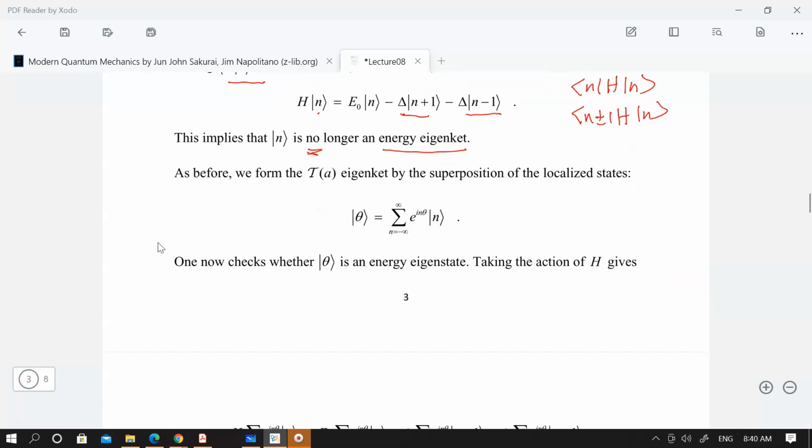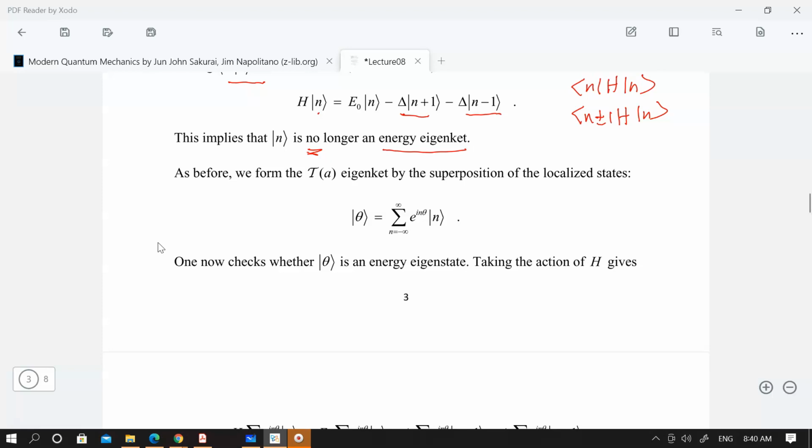So, okay, one could ask what would now be the simultaneous eigenket of your translation operator and your Hamiltonian.